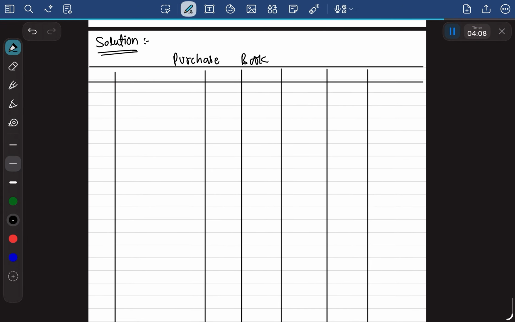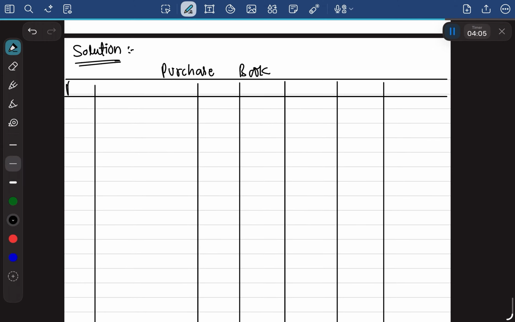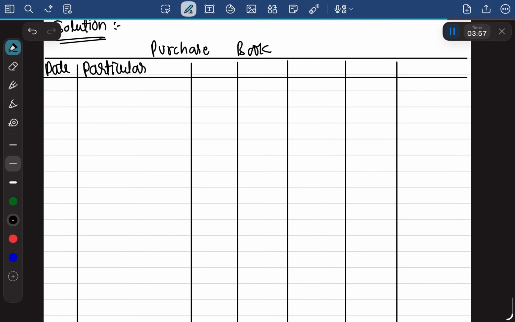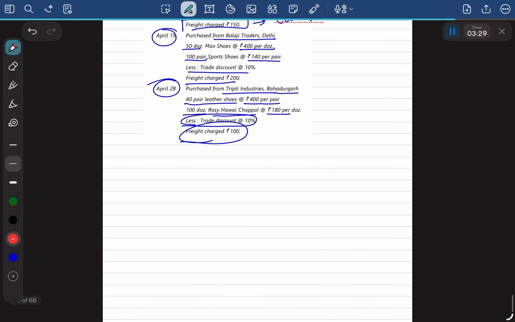So first I write the date, then particulars, then gross amount, trade discount, net amount, freight, and total amount.